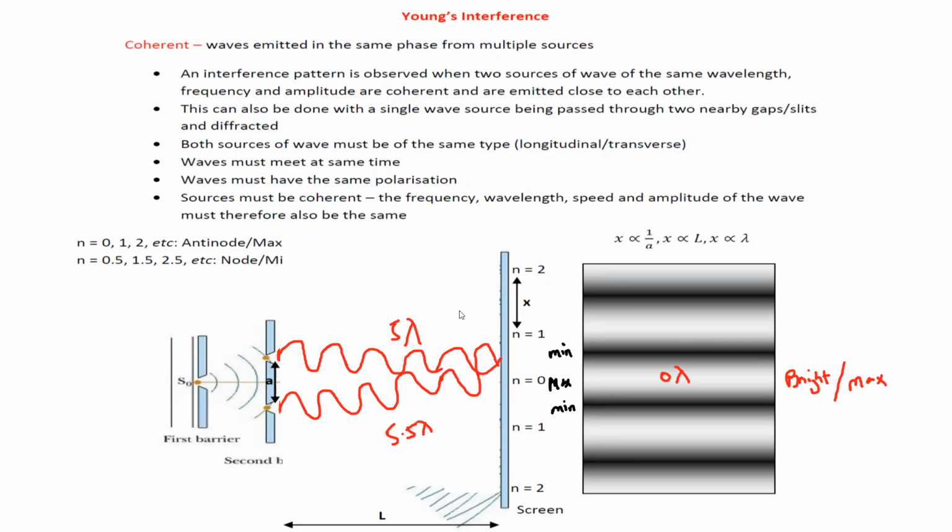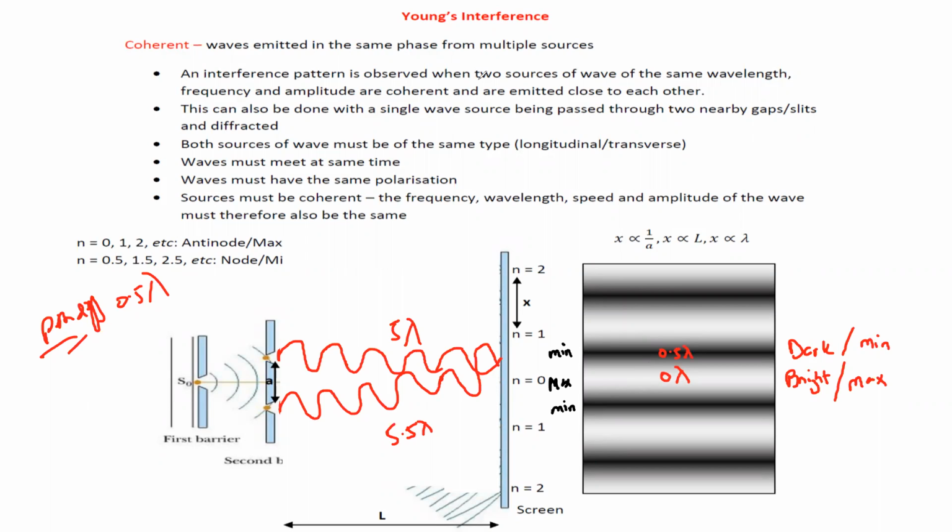The path difference is half lambda. Whenever the path difference is half lambda, what kind of interference will there be? A destructive interference, and due to destructive interference, that region will be dark, so we will have a minima. This is due to the path difference of half wavelength, or 0.5 wavelength.